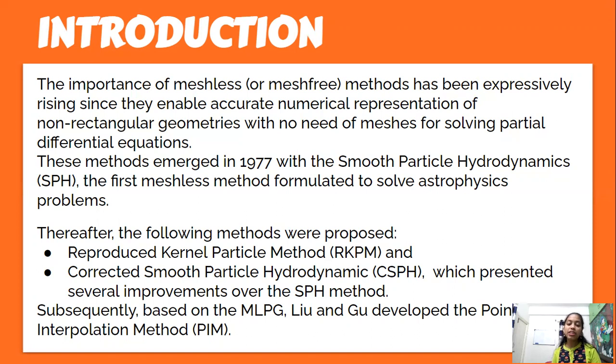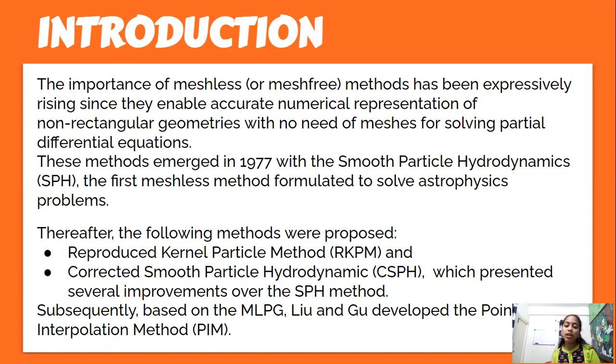These methods emerged in 1977 with smoothed particle hydrodynamics, SPH, the first meshless method, formulated to solve astrophysics problems. Therefore, the following methods were proposed: the reproducing kernel particle method RKPM and the corrected smoothed particle hydrodynamics CSPH, which presented several improvements over the SPH method.